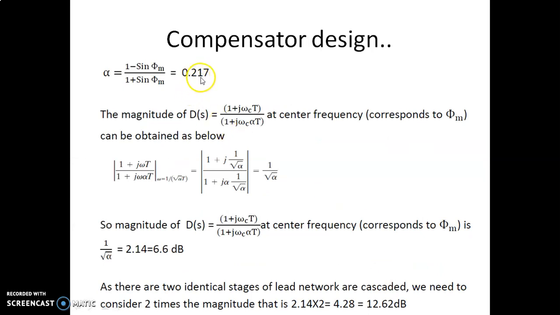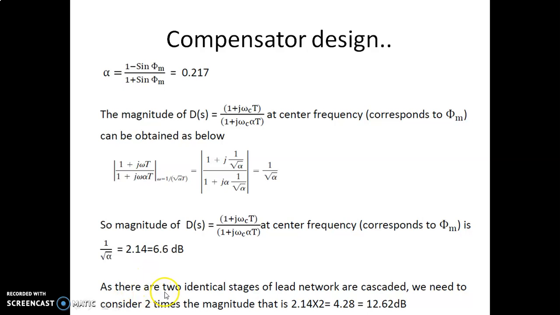As we found in the previous cases also, let us find the magnitude of the phase lead network at the maximum phase shift. It comes out to be 2.14, which is 6.6 dB. This 6.6 dB is the incremental magnitude from each stage.